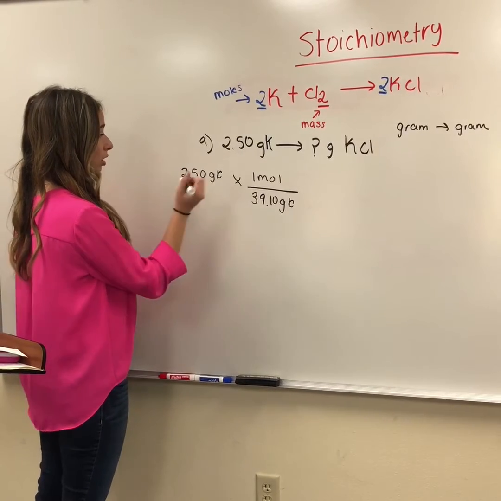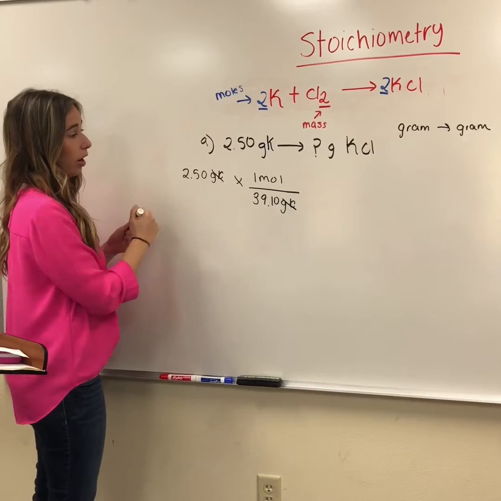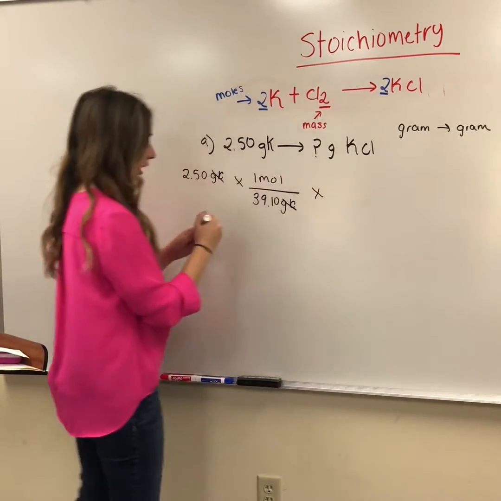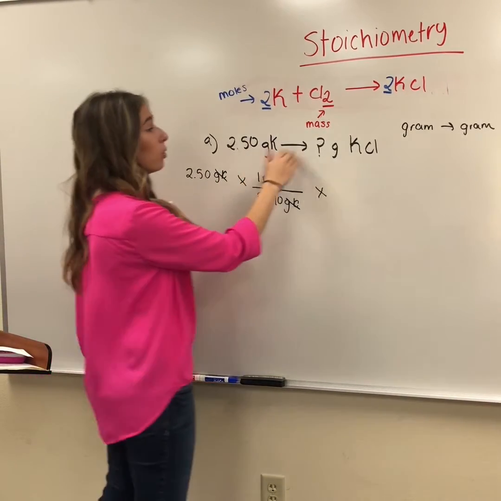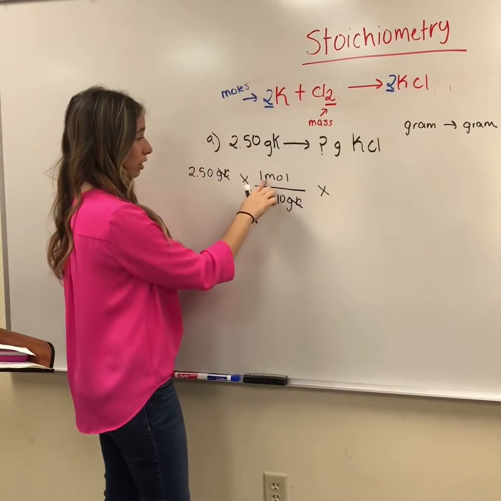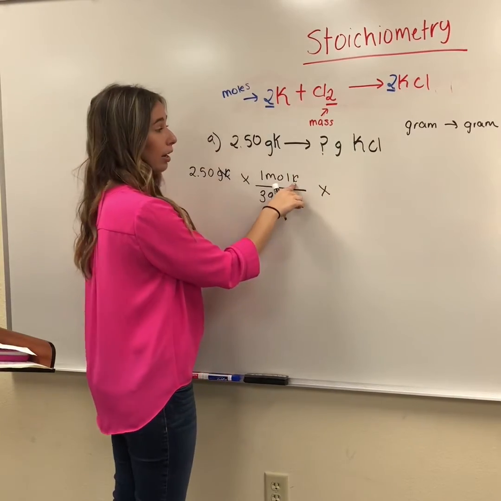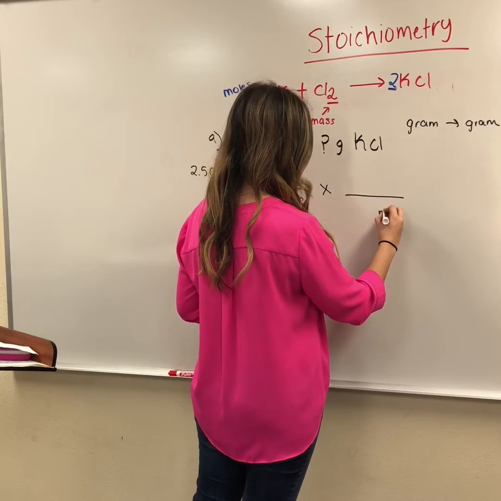So now I can go ahead and cancel out my grams. Now I want a mole to mole ratio. So then I get my moles of potassium and my moles of potassium chloride. And this is 1 mole of, okay, so I want my potassium on the bottom. So I'm going to go ahead and write that so I don't forget.